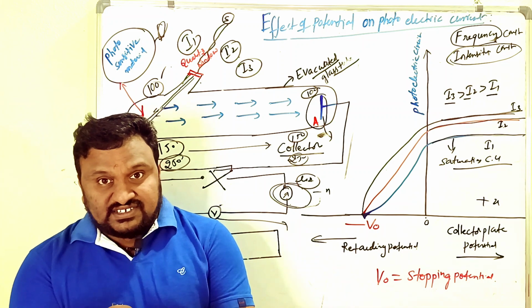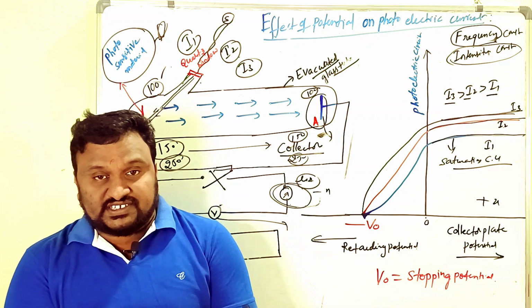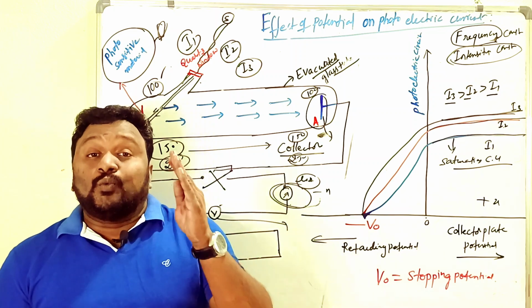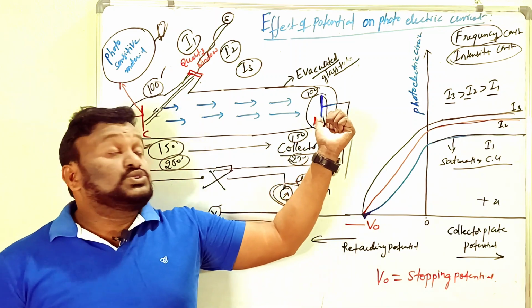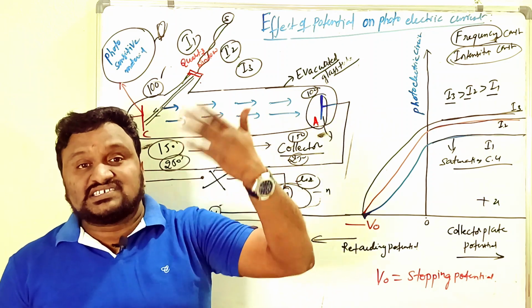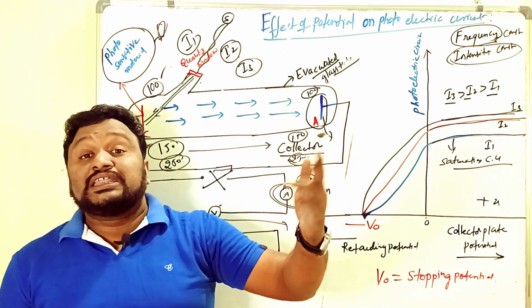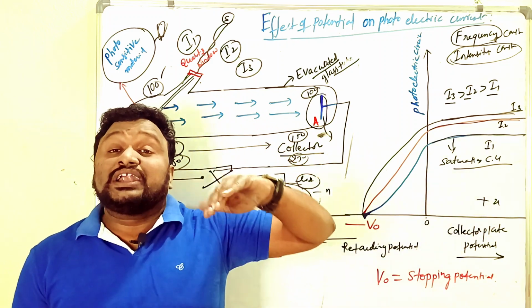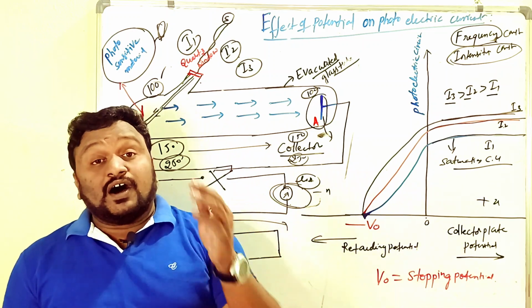When intensity changes, the photoelectric current also changes. So when the positive potential of the collector is increased continuously, the photoelectric current increases.